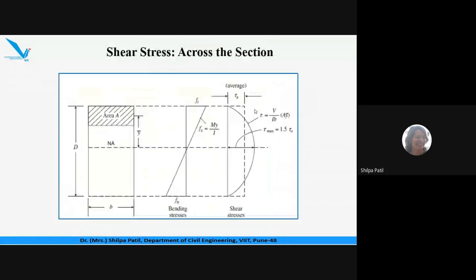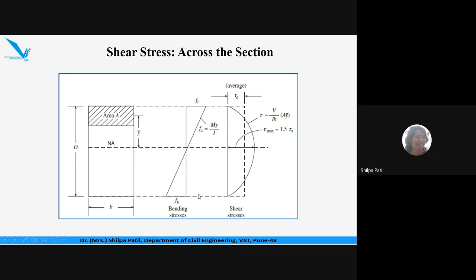Let me go ahead to the next discussion now. Let us discuss how the stresses vary along the cross section of a beam. I have drawn here a cross sectional view of a particular beam having a width B and overall depth D, and how the stresses in bending and stresses in shear vary across the cross section is shown here.